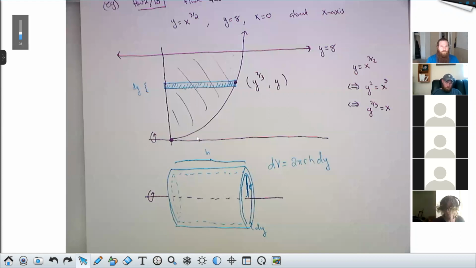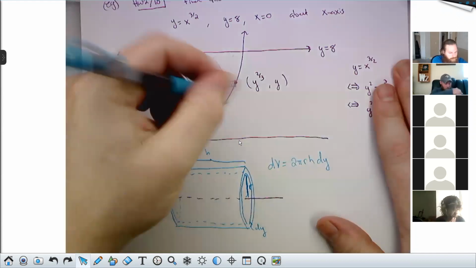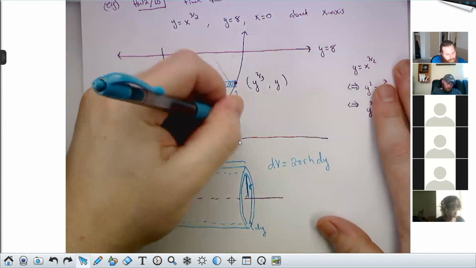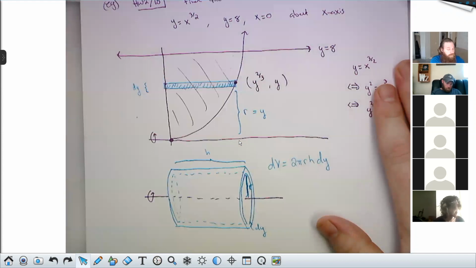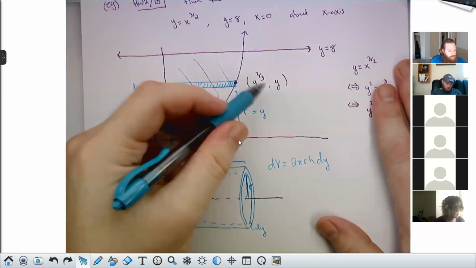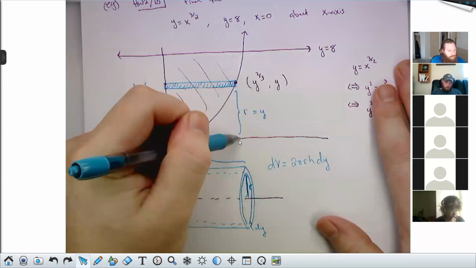Good, yeah, it's the distance from the axis of rotation to the strip. So that's going to be this distance right here, yeah? The distance from the axis of rotation up to this strip. And you're correct in saying that it's y, right? Because the y value up here is y, and the y value down here is 0.